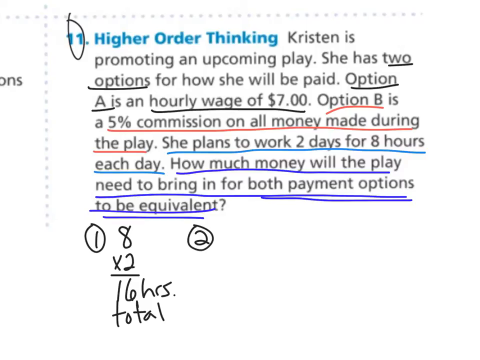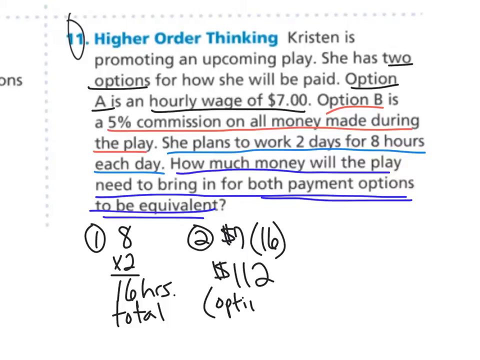So then for option A, it's $7 an hour and 16 hours. So we can multiply 7 times 16, and that would be $112. So $112 is for option A.